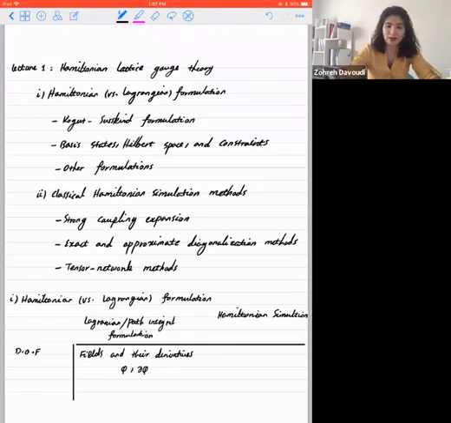Okay. On the other hand, in the Hamiltonian simulation language, we still talk about fields, but also the conjugate variables to the fields, right? So fields and their conjugate variables.